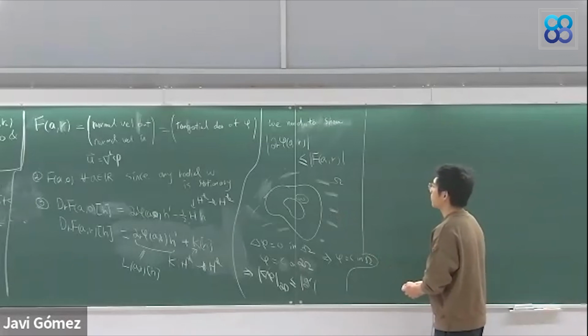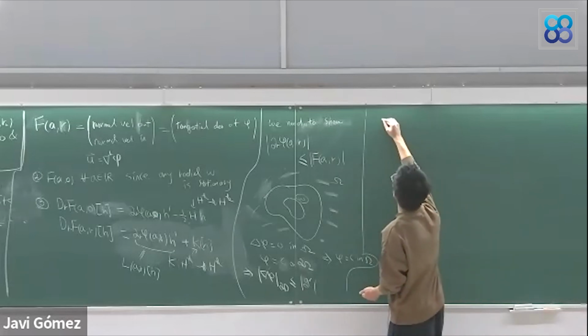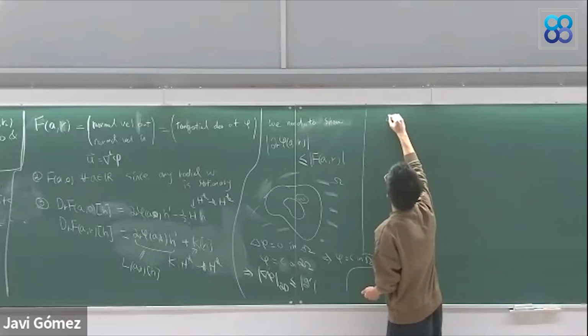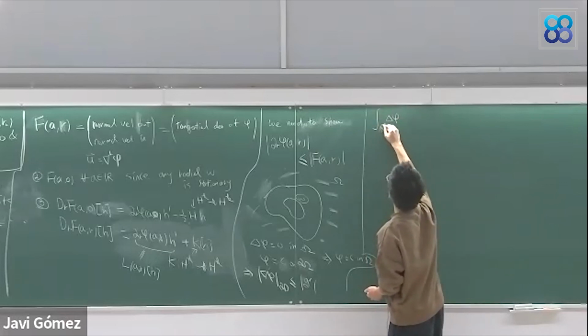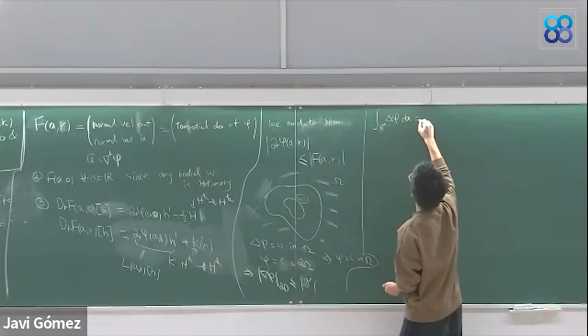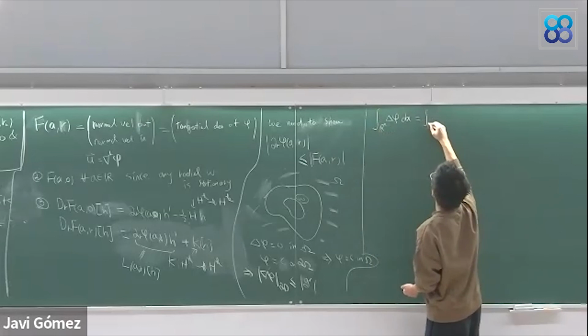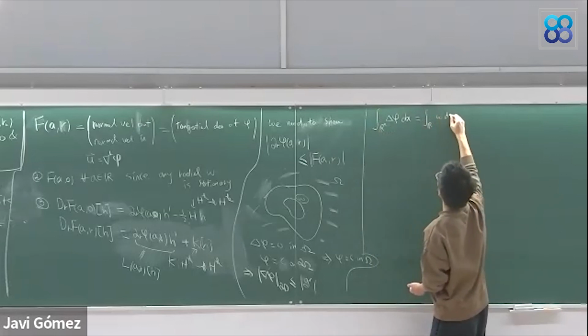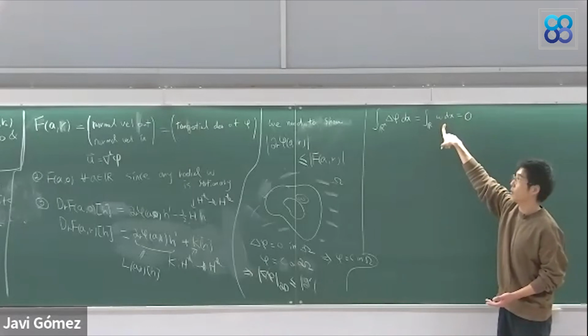But here, the maximum principle is possible because of the Laplacian of the function in R2. When you integrate this in R2, then this is going to psi, and we are assuming that the average of the vorticity is 0.